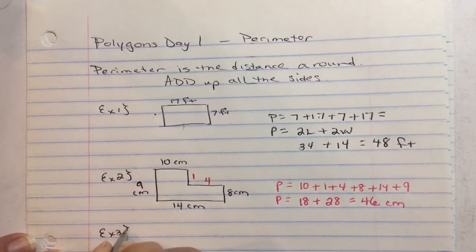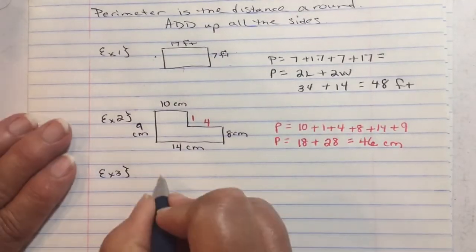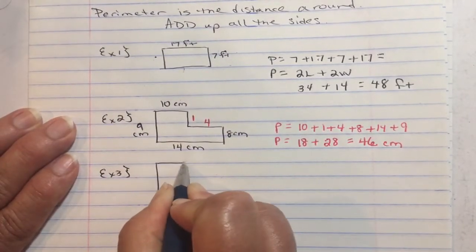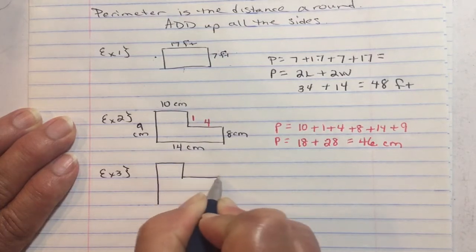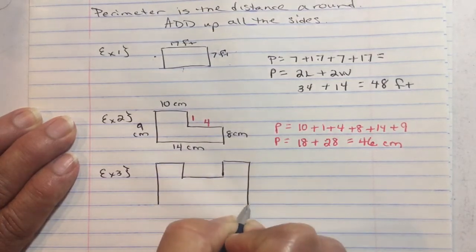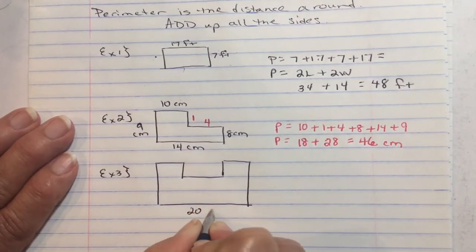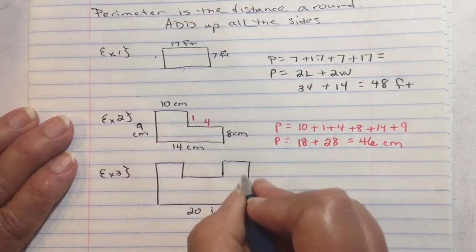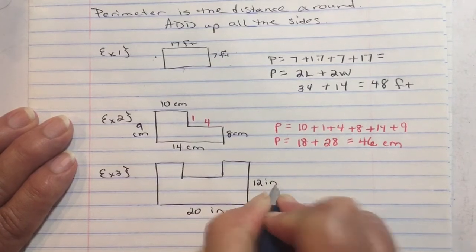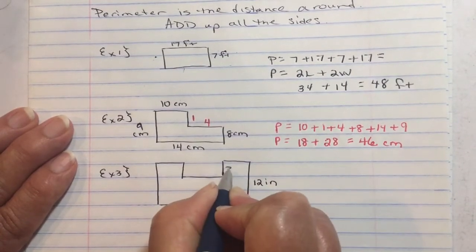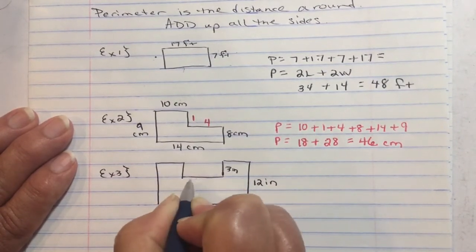All right, for example 3, this irregular shape is going to be kind of U-shaped. And it's 20 inches along the bottom, 12 along the right. This is 3 here, and this is 10 here.